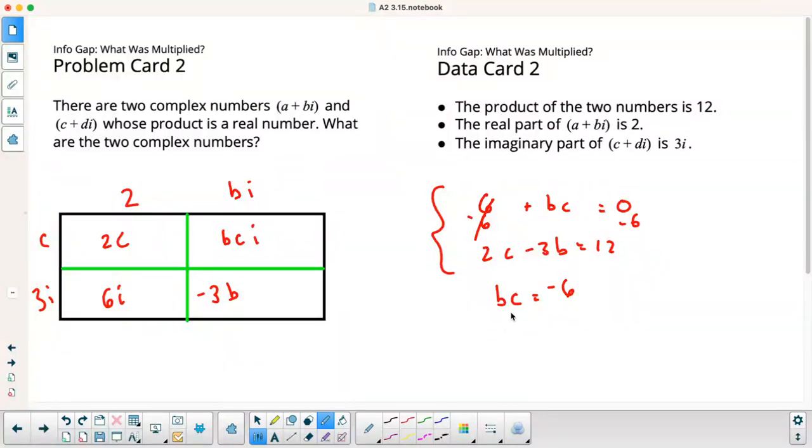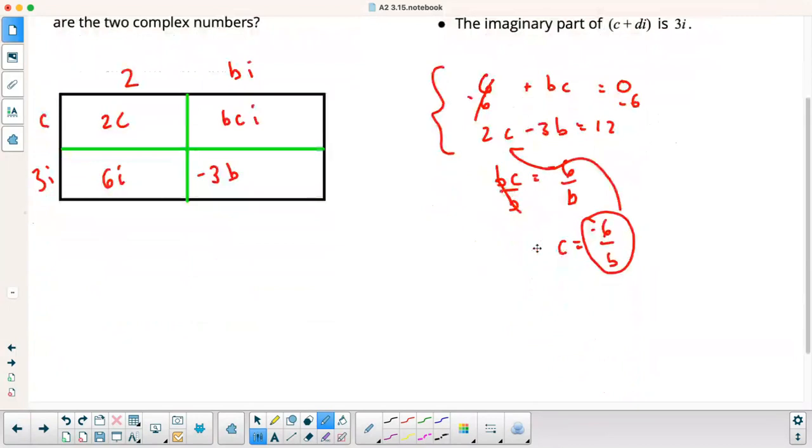And then let's divide by b, and I get c equals negative 6 over b. And then let's sub this in for c. See what happens. So I'm going to have 2 times negative 6 over b minus 3b equals 12.